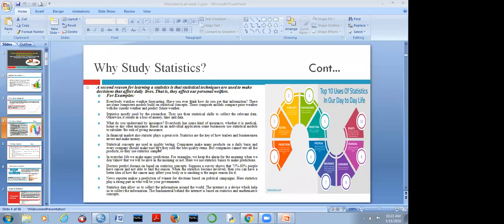Then, the statistical concept of quality testing. Companies make many products on a daily basis, and every company should make sure that they sell the best quality item. So before launching the product into the market or selling it, the company takes a test, and testing happens with the help of statistical tools.